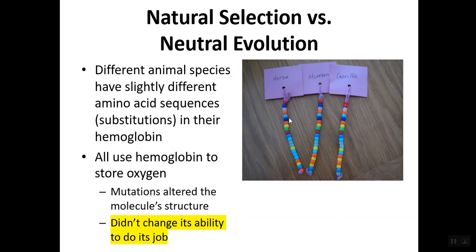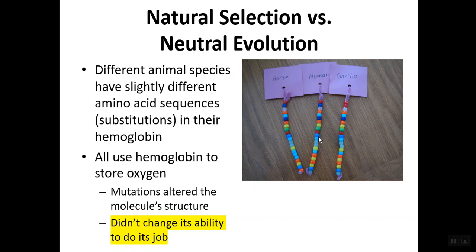In DNA, they're nucleotides; in proteins, they're amino acids. It doesn't matter. But when you look at a protein, for instance hemoglobin, in a horse, a human, and a gorilla, you'll see that indeed there are some differences.